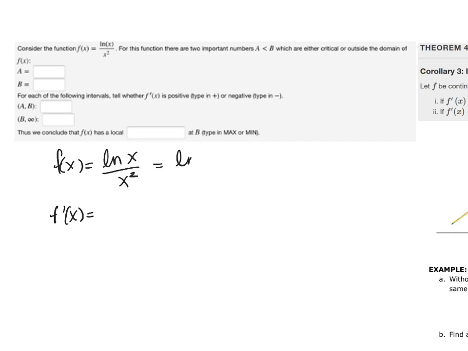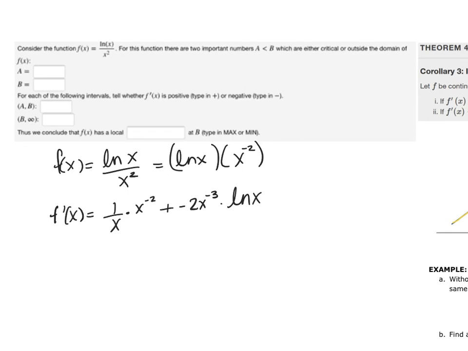I'm going to rewrite this as the natural log of x multiplied by x raised to the negative 2, so I can do the product rule. So the derivative of the natural log of x is 1 over x, multiplied by x raised to the negative 2, plus the derivative of x raised to the negative 2, which is negative 2x raised to the negative 3, multiplied by the natural log of x.